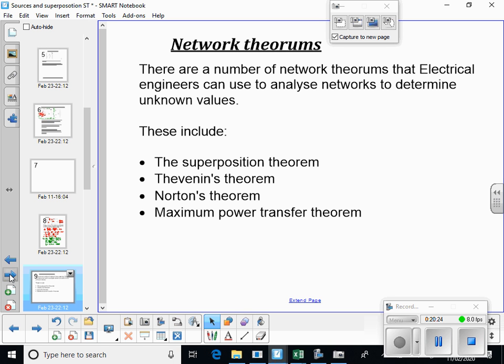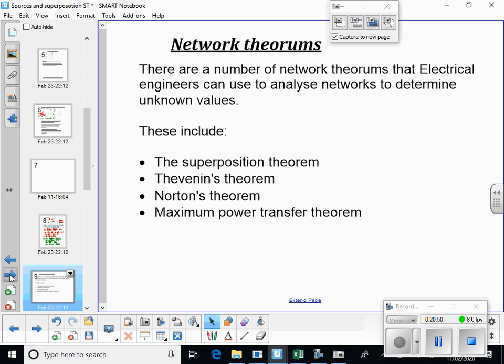Network theorems. There are a number of theorems that electrical engineers can use to analyse networks. The superposition theorem we're going to look at now. Thevenin's theorem we touched on earlier, we'll do that next session.